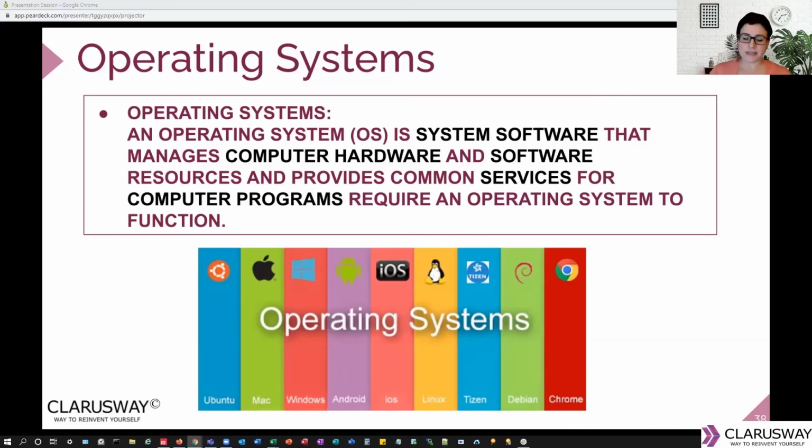So the operating system serves as the library of those instructions that both the hardware and that application, that software, needs in order to run.